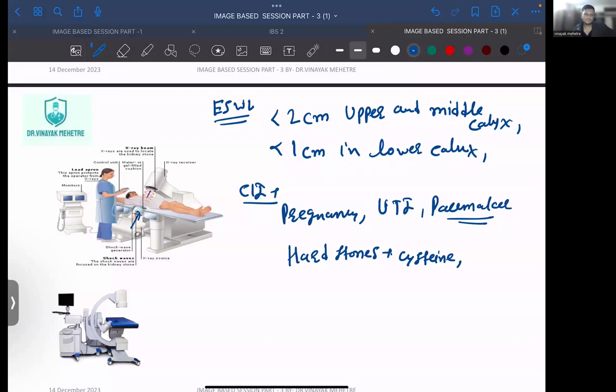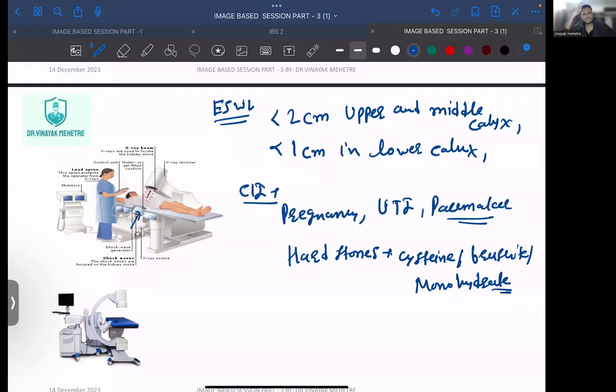And there is one more, triple phosphate, that is brushite and monohydride stone. In this stone we cannot use ESWL. ठीक है. पेशेंट का स्पाइन इज डिफेक्टिव, कौन सा होता है?